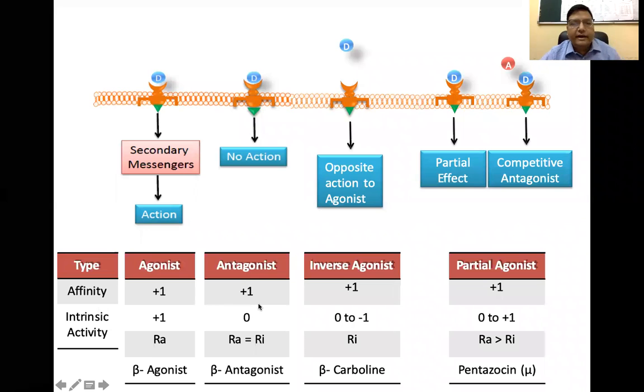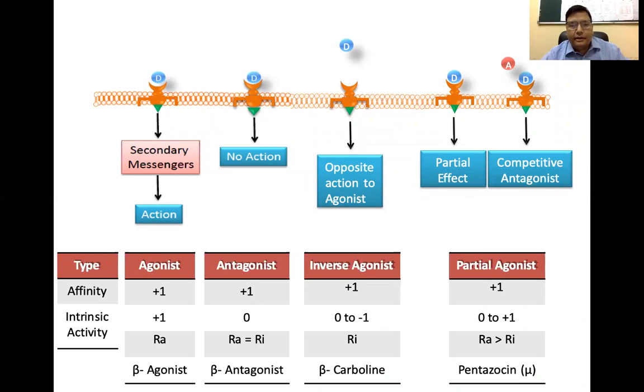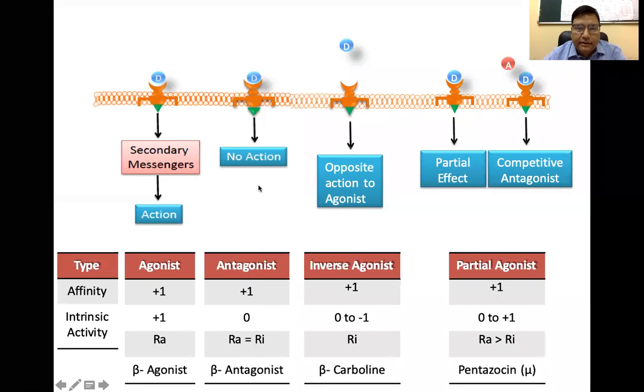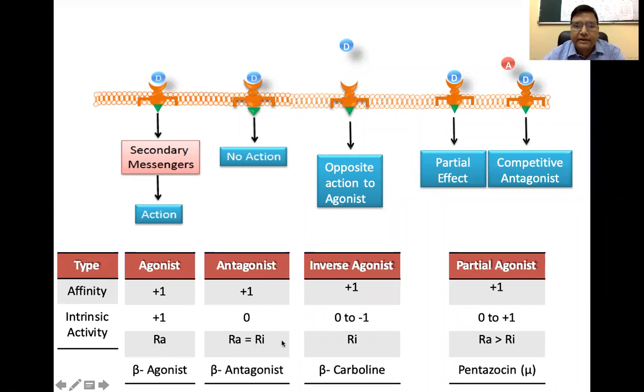Antagonist is the one where there is affinity +1, but the intrinsic activity is 0. So both activated and inactivated states of the receptor are present. Inverse agonist, affinity is +1, intrinsic activity is 0 to -1. That means in the negative direction. And partial agonist, where affinity is 100%, +1, intrinsic activity is 0 to +1.